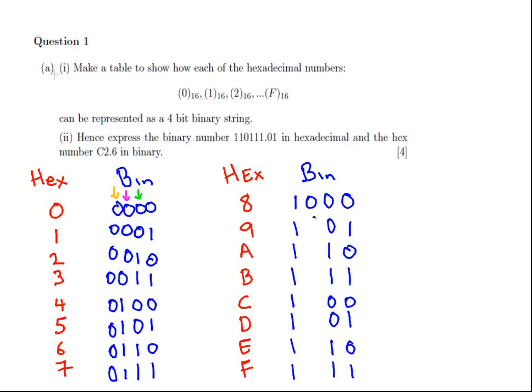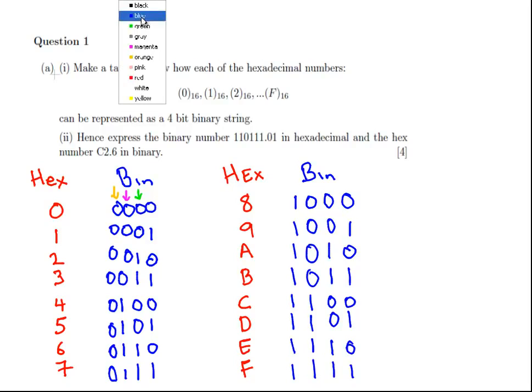And every fourth step, 0, 0, 0, 0, 1, 1, 1, 1. This side of the table is just a continuation of the left-hand side. Anyway, that's how we could represent hexadecimals as 4-bit binary strings.